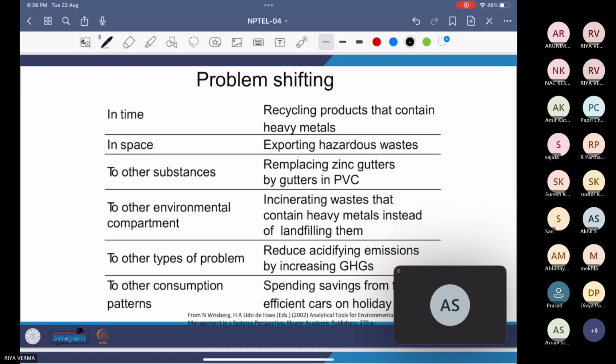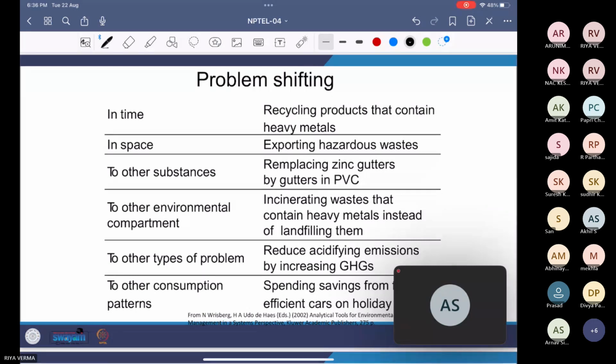But in the end, since we need to charge those e-vehicles, we need electricity, and for the production of electricity we are using a lot of water, and also creating a lot of air pollution. So we are shifting from one problem, the problem of the roads, towards some other area, like the production of electricity. This is known as problem shifting.